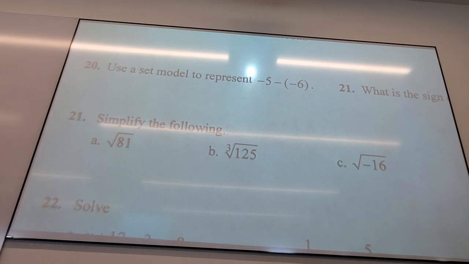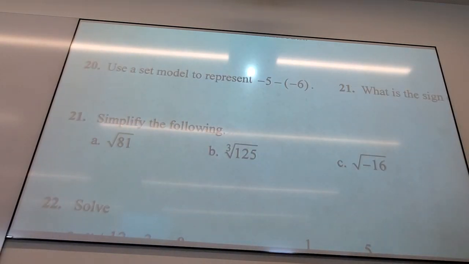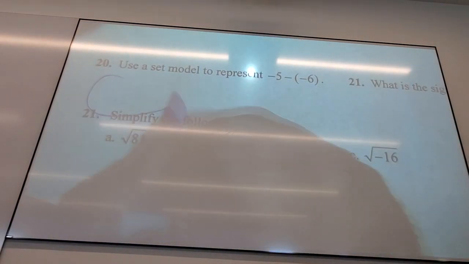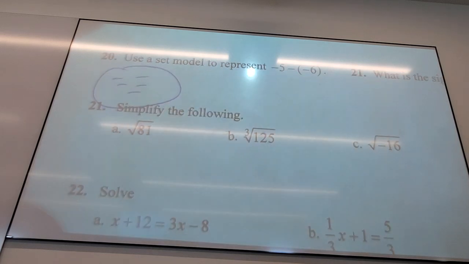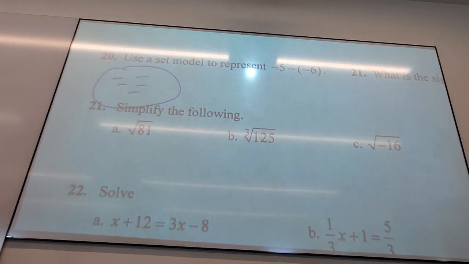Since I don't have colored pencils, I just did 1, 2, 3, 4, 5. Looks like a 4-eyed unimpressed circle. Whatever. Okay. How am I going to take away 6 negatives? I only have 5 negatives in there. You all know how to do this.